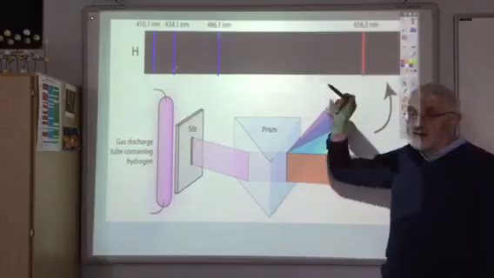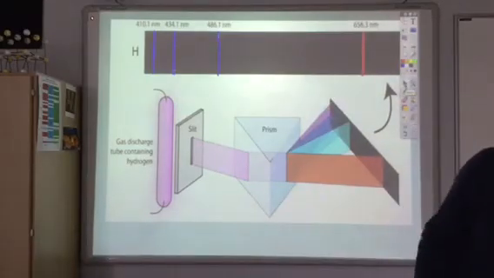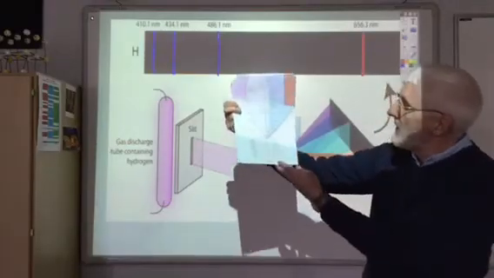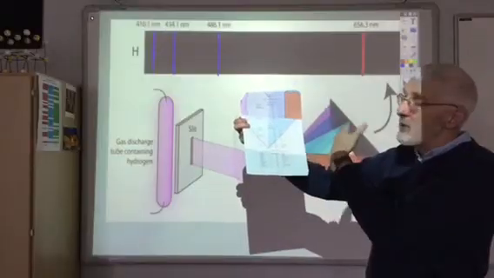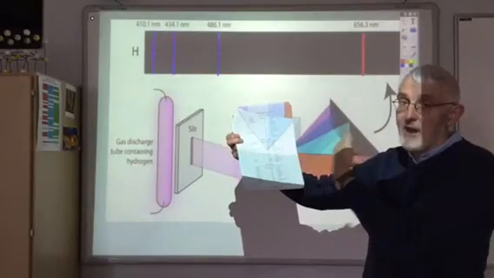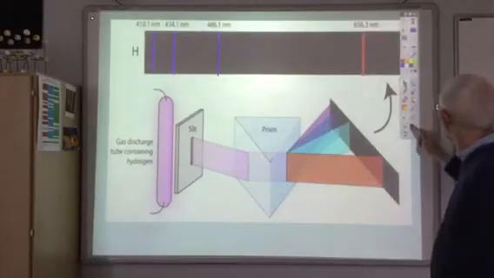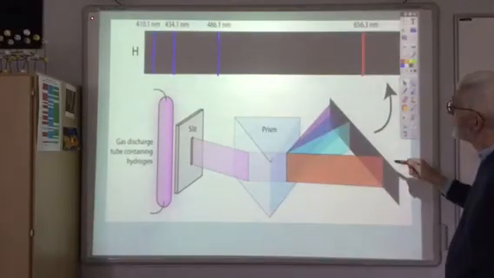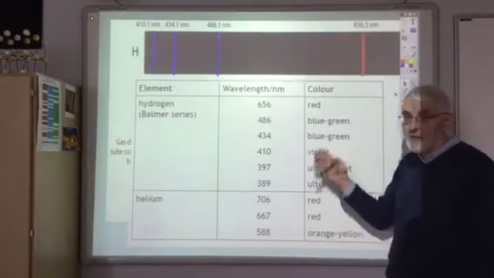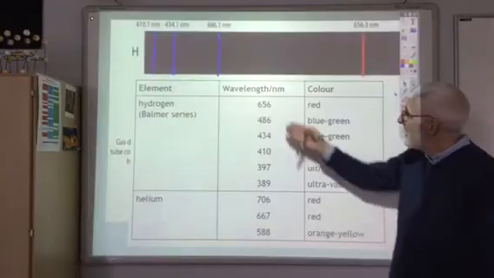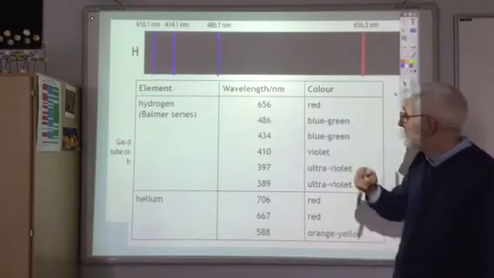Now, this information is given in your data booklet. On page 15 of the data booklet, you get 3 tables giving the wavelengths of some of the light given off by different atoms. So for example, the first table on page 15 lists all the wavelengths of light emitted by hydrogen.